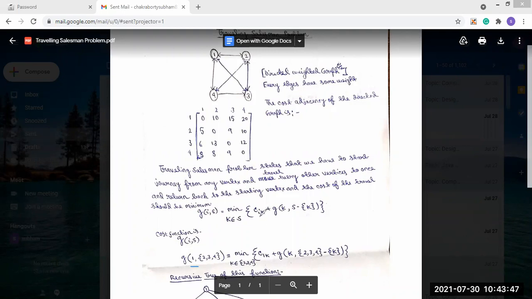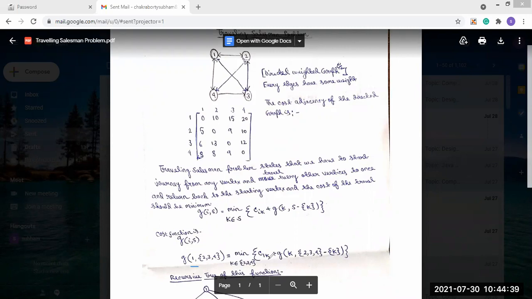And C of I, K. I means 1. Now K belongs to 2, 3, 4, so one time the K value may be 2, one time 3, one time 4. First, we will check the route from 1 to 2, so in that time the K value will be 2. Next, we will check the path from 1 to 3, so the K value will become 3.